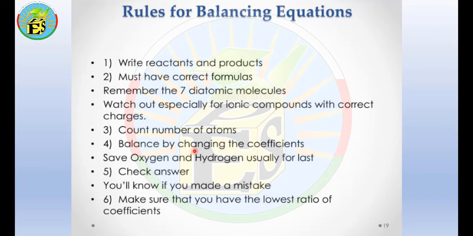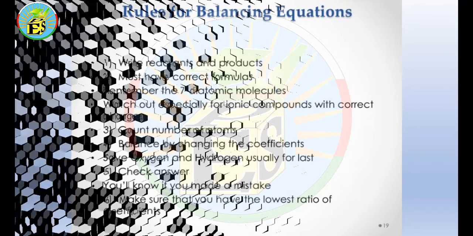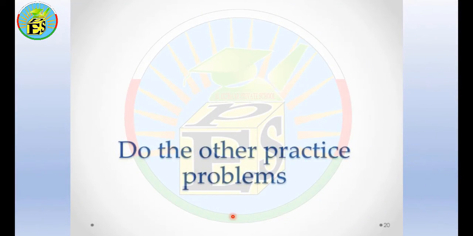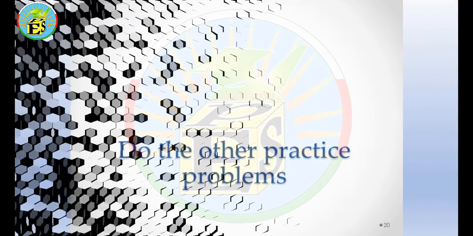Balance by changing the coefficients. Save oxygen and hydrogen usually for last. Check your answer; you will know if you made a mistake. Make sure that you have the lowest ratio of coefficients. These are the rules for balancing the chemical equation. Do the other bracket problems.